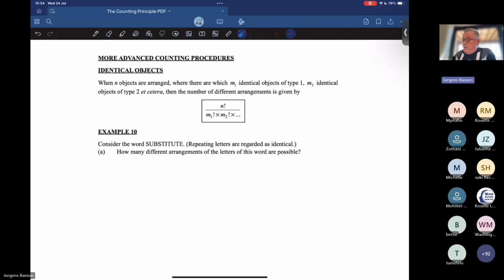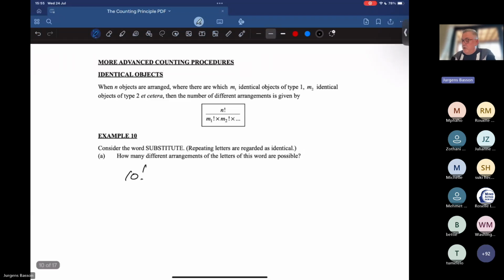What we need to understand is, if I look at these and I say 1, 2, 3, 4, 5, 6, 7, 8, 9, 10 letters, if all of them were different, we would have said 10 factorial, because it's 10 letters, 10 positions, 10 factorial. But I hope you agree with me, 10 factorial is not the answer for this one.